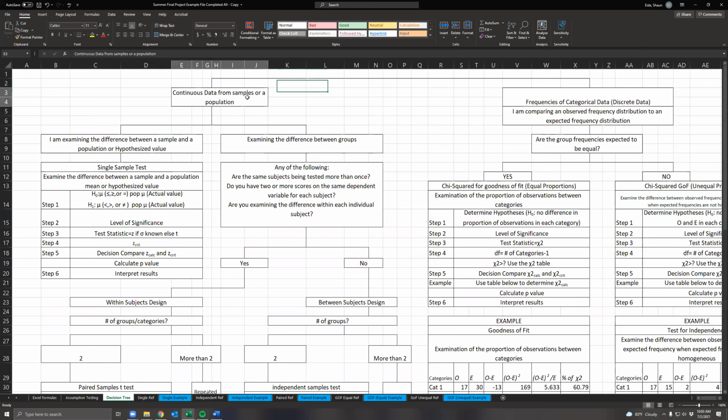We need to ask ourselves, are we dealing with continuous data, or are we dealing with frequencies of categorical data? Now, it is possible to use chi-squared with continuous data, but I'm not going to do that to you in this class. You can say we've got continuous data and we want to make sure it follows a uniform distribution, and you can break it up into classes.